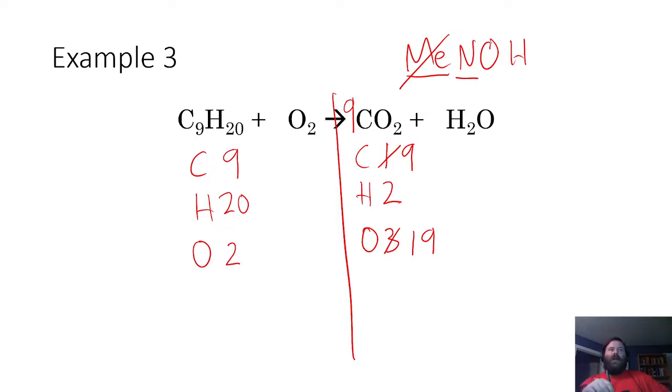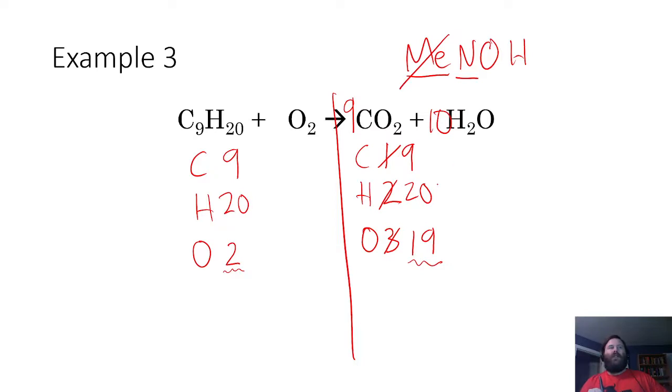Alright. Then we, well, in the case of combustions, you can see that because this is an odd number for the oxygens and an even number, it might be best to just go with the hydrogens here, right? Where if we change this to 20, that means we put a 10 out front of the water.